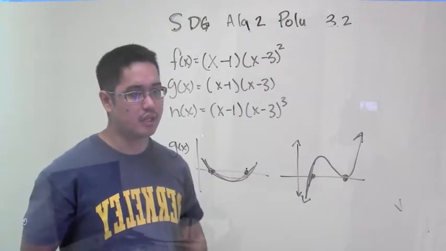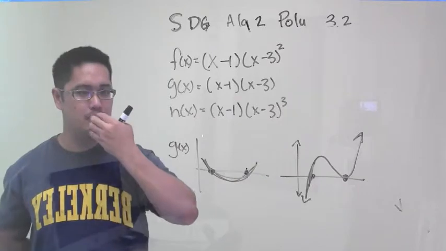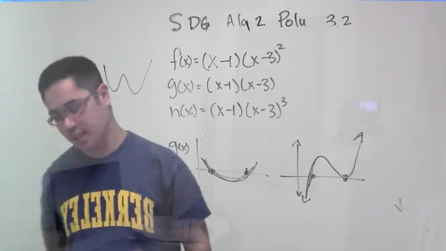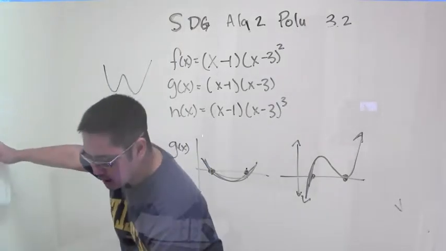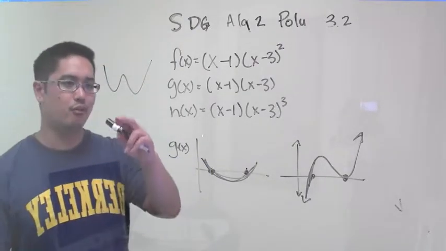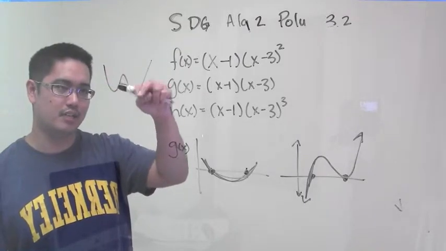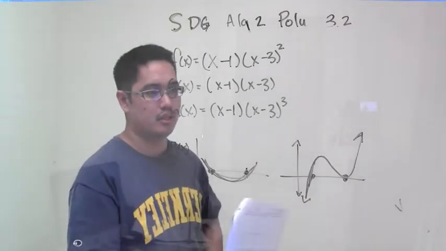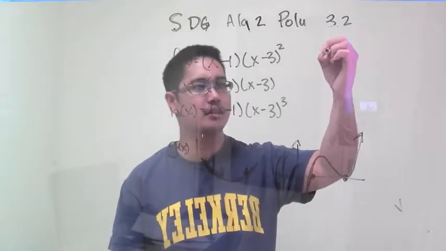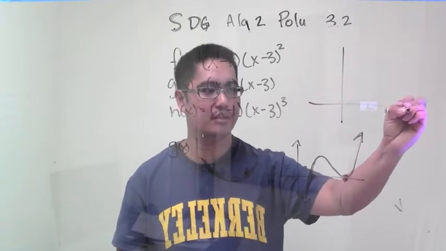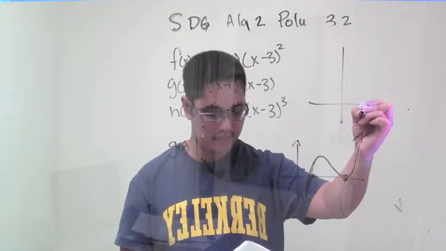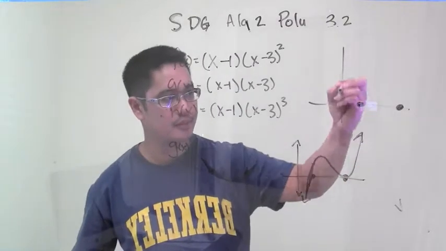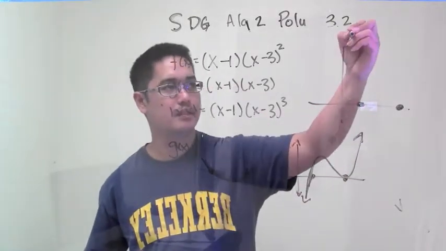This h of x, I know that that's a fourth power function, so I know it's probably going to look something like this. It's probably going to be some kind of happy parabola like that. Actually, that's not really a parabola, that is a happy polynomial of the fourth power, because a parabola doesn't have this extra bump in the middle. How's that graph going to look? Well, that graph is going to look like this. This one's going to be a little weird. It only touches at 2 points, 1 and 3. But it's got to look something like this.